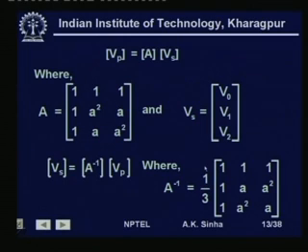So, A inverse is 1 by 3 times 1 1 1, 1 A A square, 1 A square A.